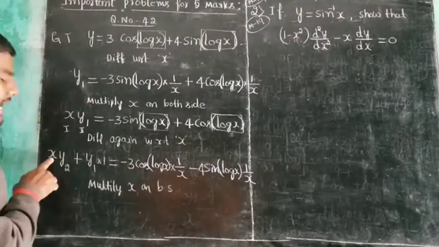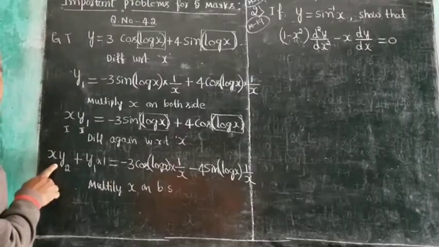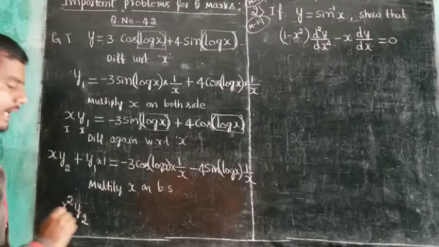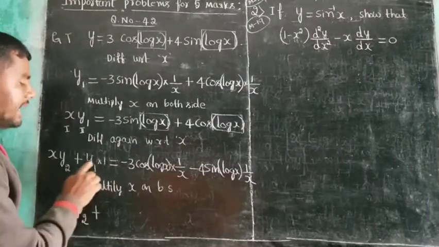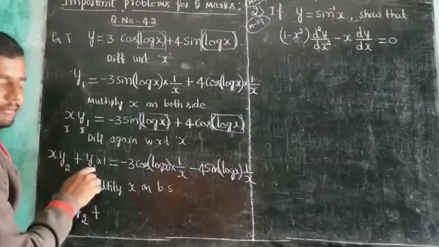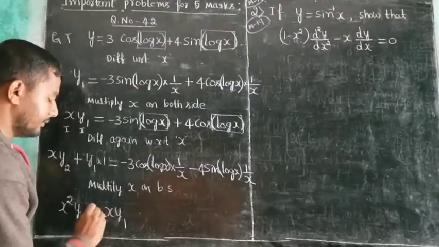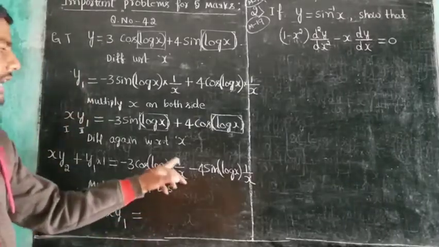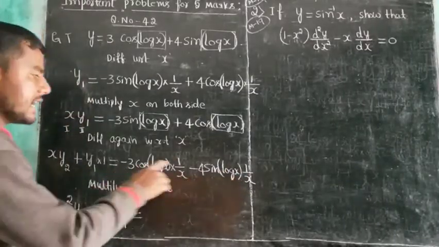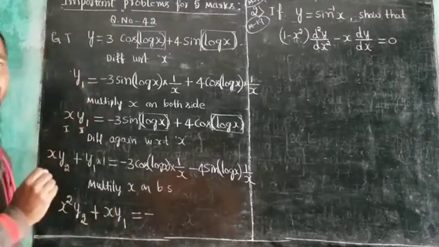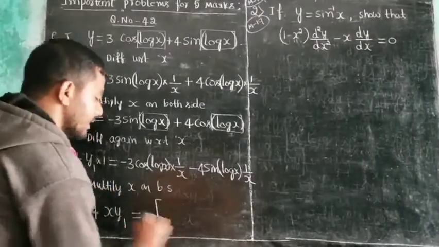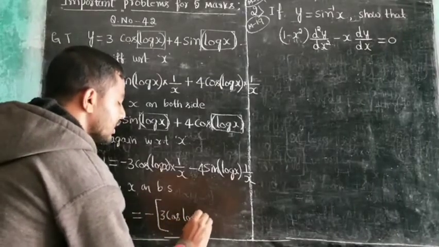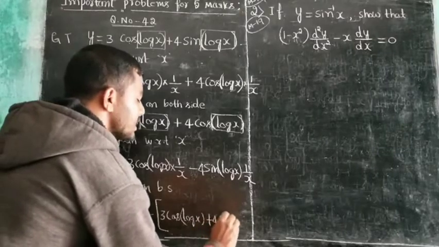Then here 1x is there, x into x becomes x square y2 plus 1 into y1 into x, that is x y1 is equal to, here x are cancelled, minus is there, take minus as common, then the value is 3 cos log x plus 4 sin log x.